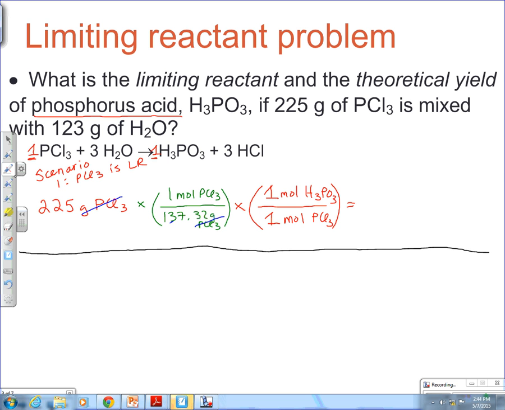What we will do is stop here and determine how many moles of our product we could form in scenario 1. The answer for scenario 1 is 1.64 moles of product, H3PO3.